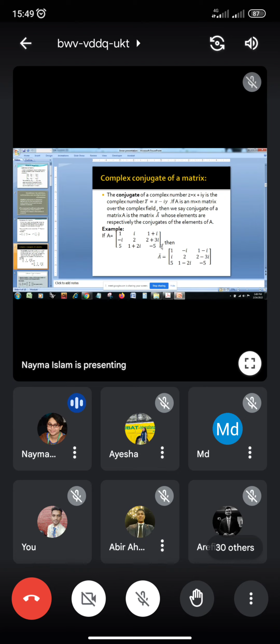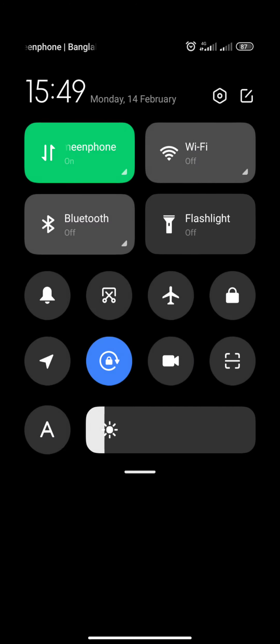The real numbers remain the same, you just change the sign before the imaginary number. Is that okay? Yes, ma'am. This is the complex conjugate of the matrix.